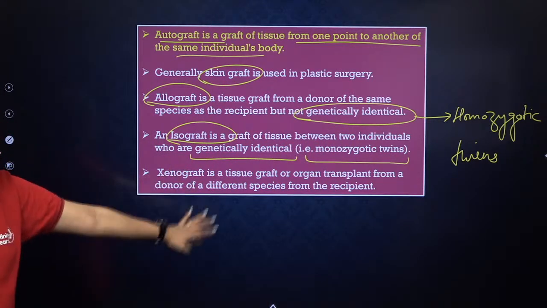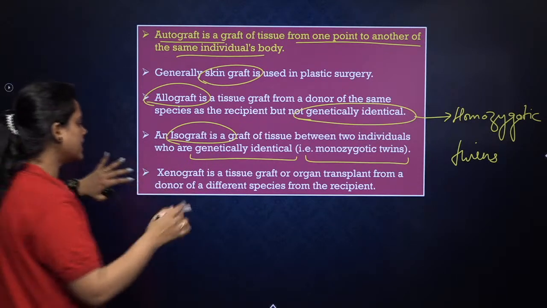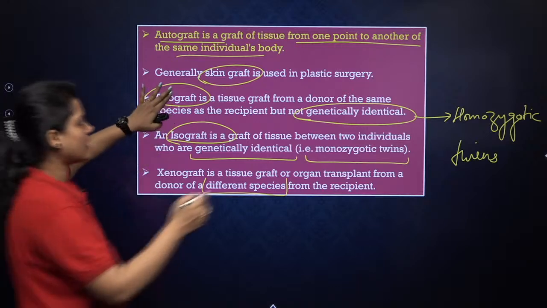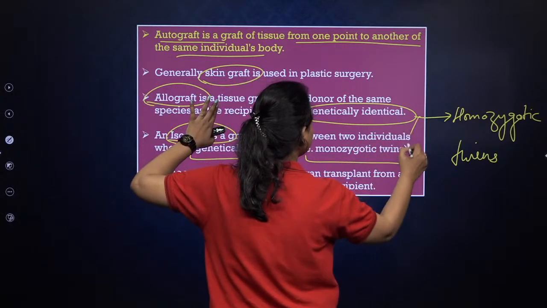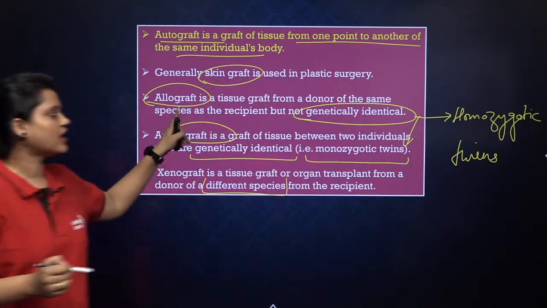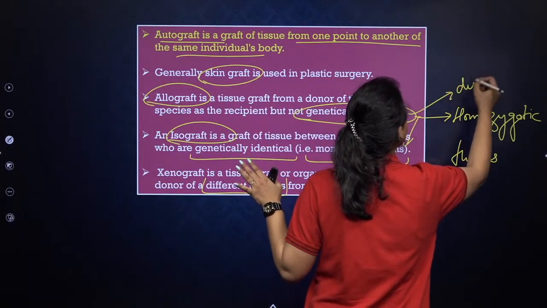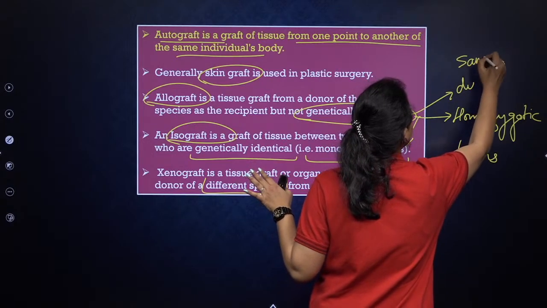Xenograft is a tissue graft or organ transplant which is done between different species. Monozygotic twins will be isograft, not allograft. Allograft is between the same species, different individuals.